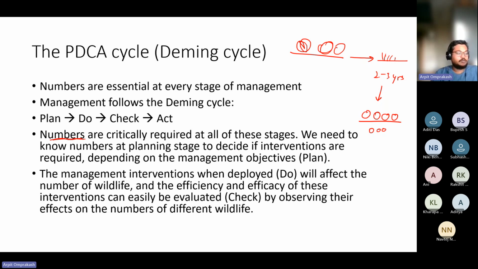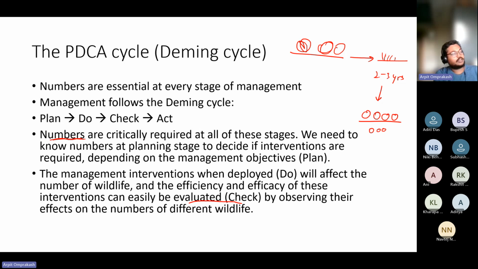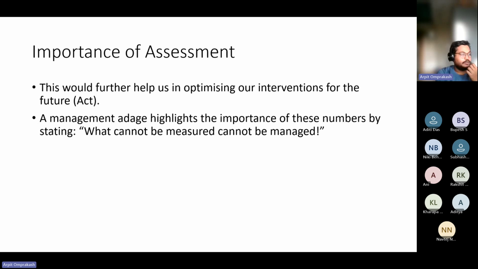So that is a check step, where we are again checking the number of wildlife or animals that are present, which will further help us optimize our intervention. The fourth part is act. So basically you plan something, you do it, you check if it's working, and then in act, you're modifying it to make it better. Right.